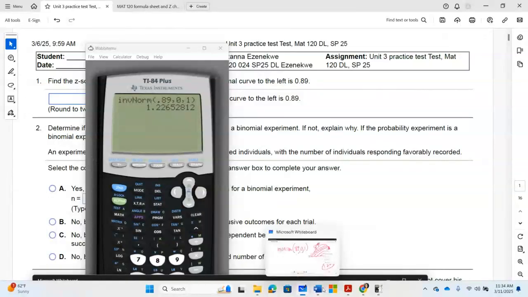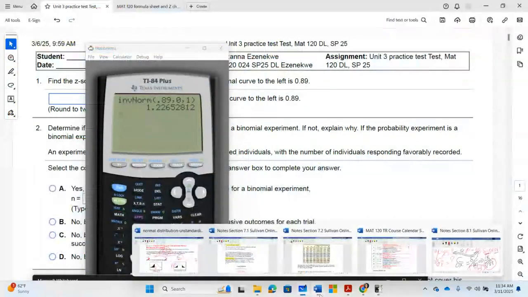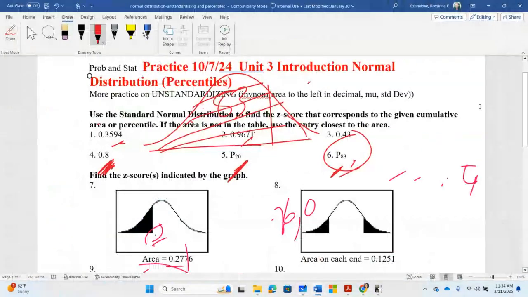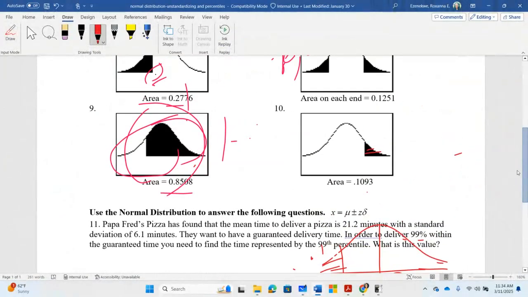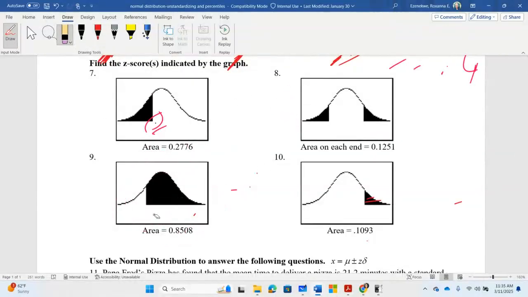You could also be given the area inside the normal curve, like these ones here, and be told to find the z-score corresponding to the boundary line, given a percentile.